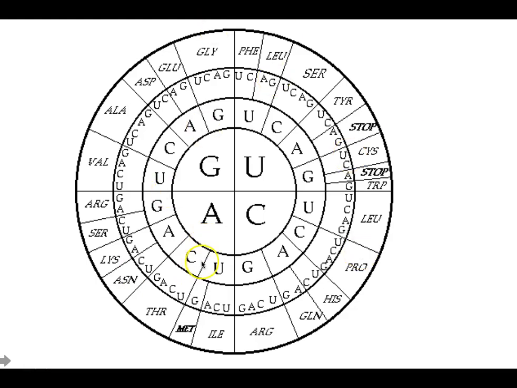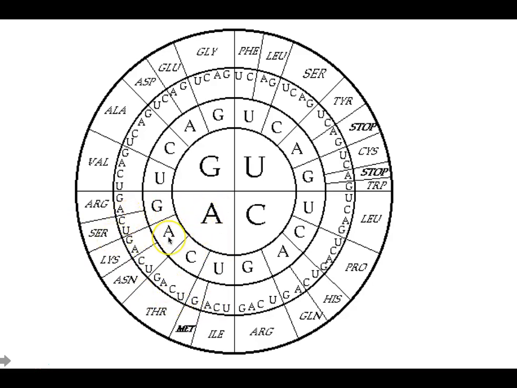So here's one. This is what you will be having right in front of your face. So if I have a codon that is AUG, it means that the A is going to be in the center. That's your first letter of your codon. And that means that the A is going to be in this portion of the genetic code.